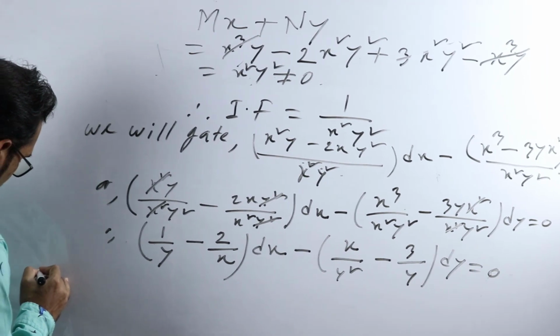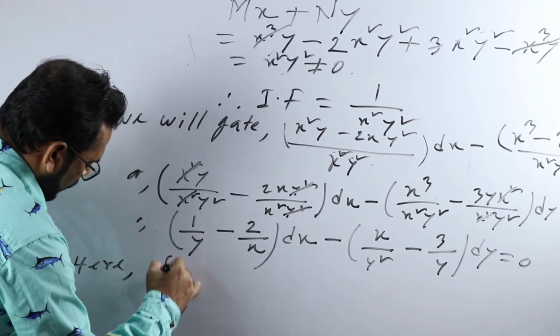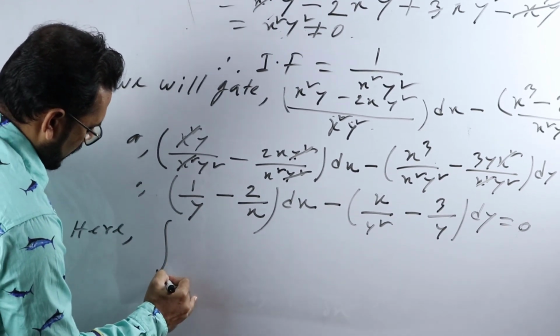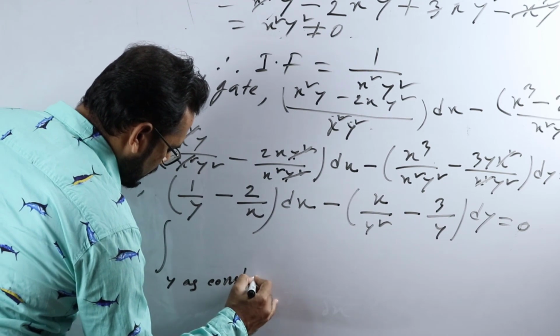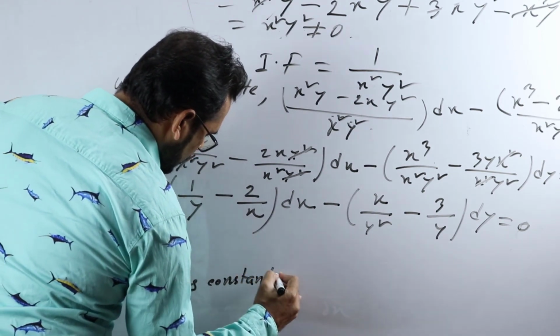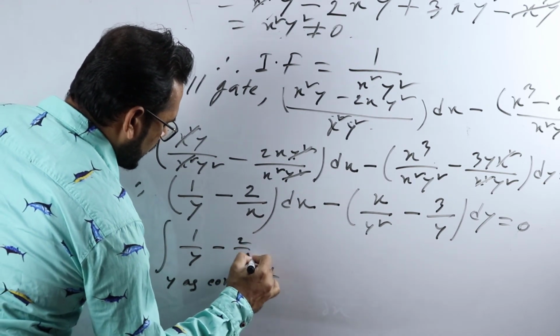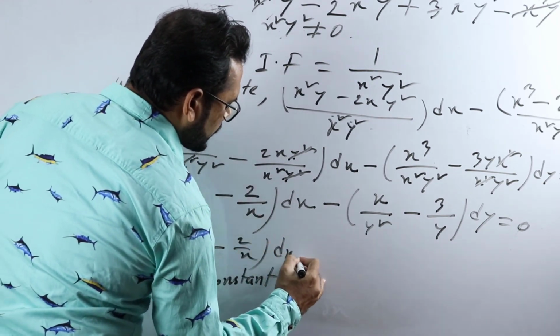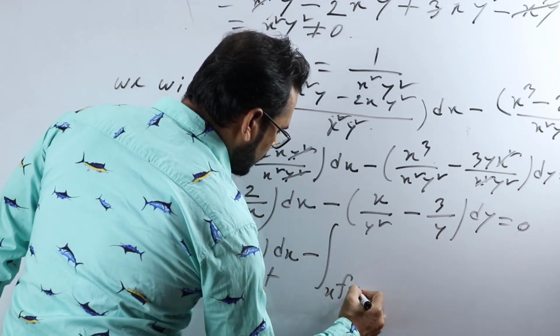So we can write down here integration, y as constant, that is 1 divided by y minus 2 divided by x dx, and here x free terms.